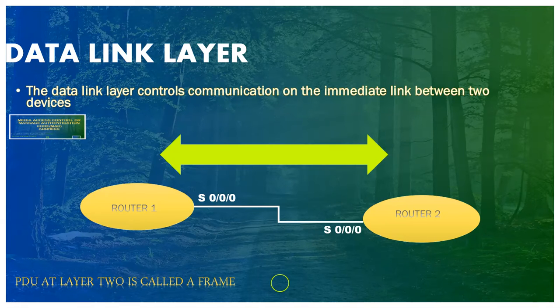So at every layer past the physical layer, the data is being put into a set structure. And this set structure is called your PDU, or your protocol data unit. At layer 2, the protocol data unit is called a frame.